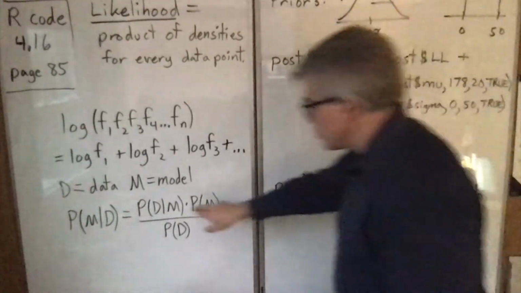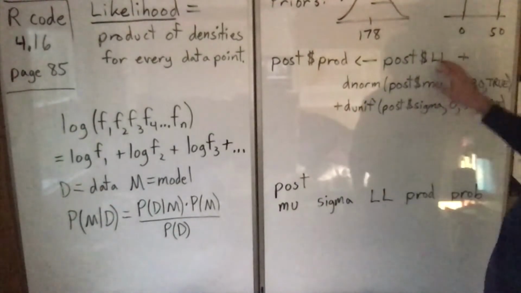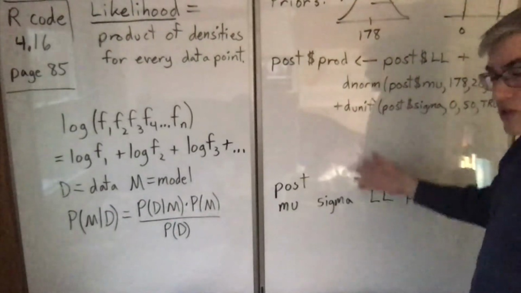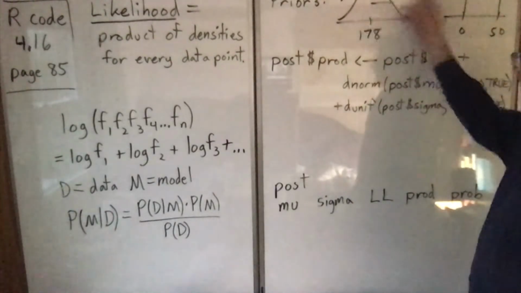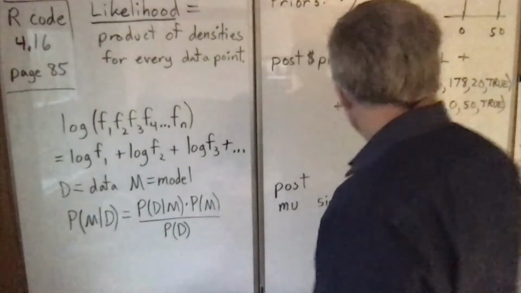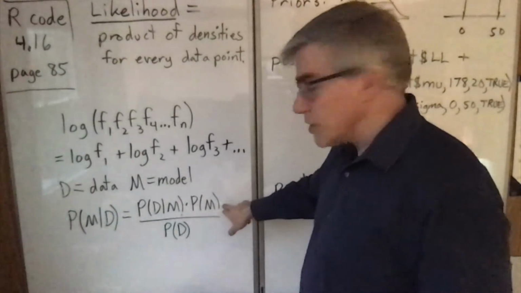And because we're doing a product overall, we're adding both of those to the log likelihood column to produce the product column, because it's the product of the log likelihood with the prior distribution probability densities. So what that product is giving us is essentially the numerator here.